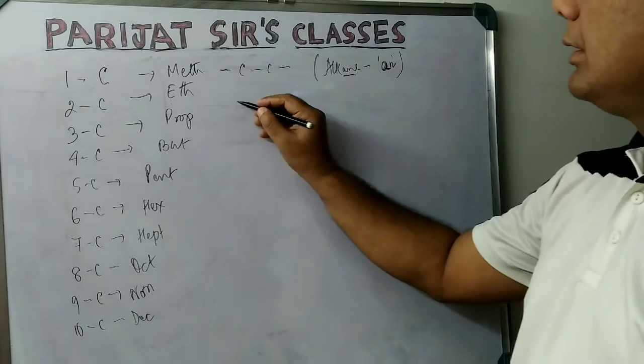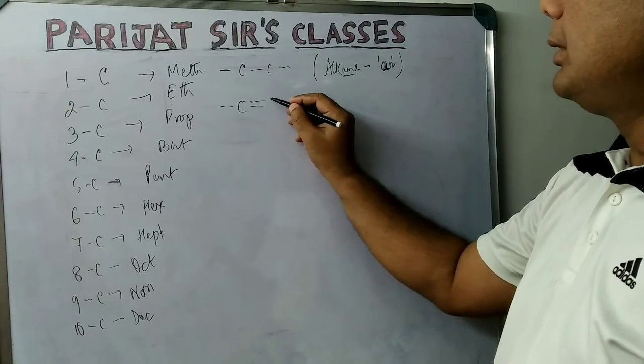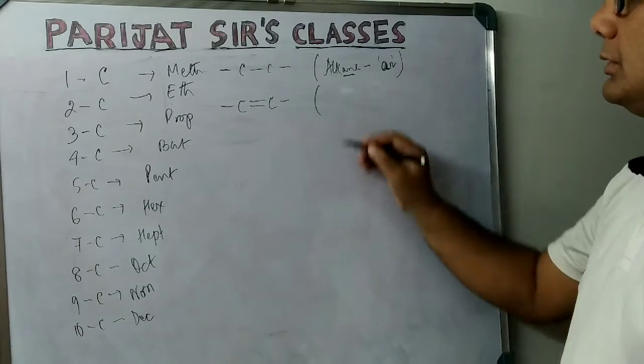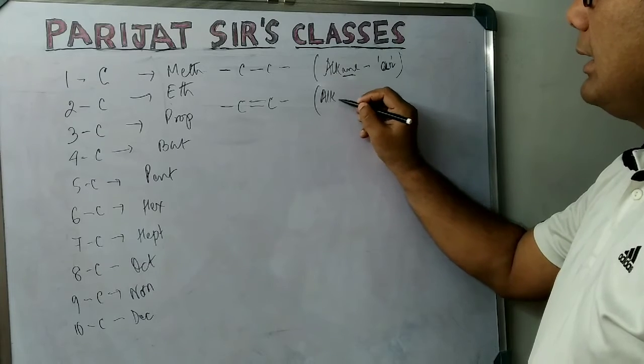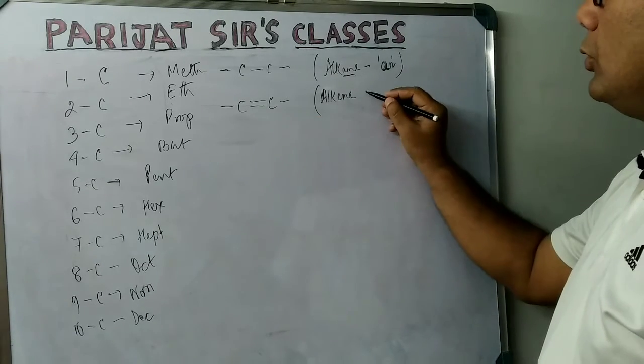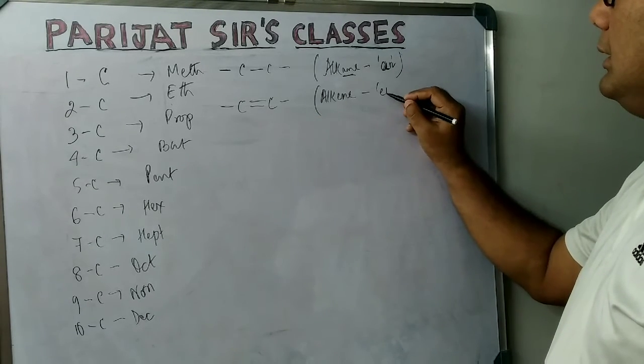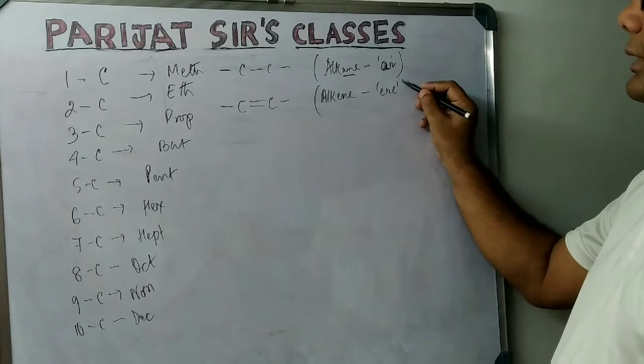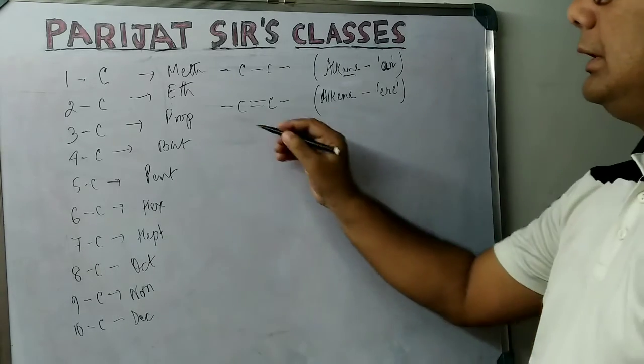Similarly, if there is a carbon to carbon double bond, it belongs to the alkene group, and we will choose ENE, or sometimes only EN.